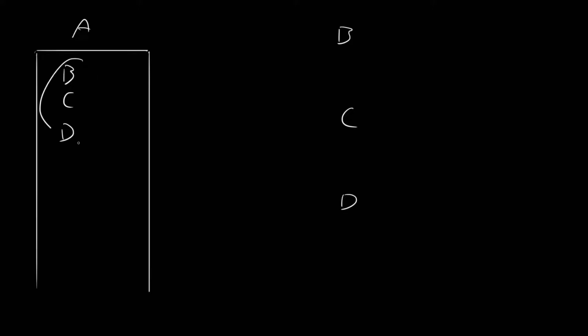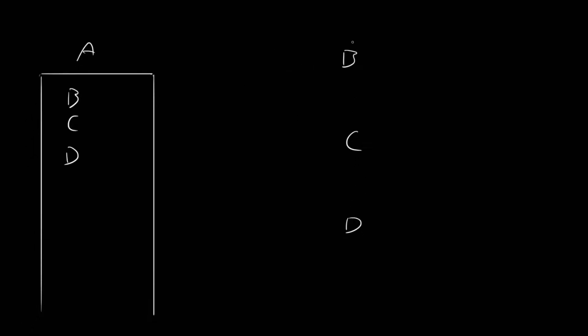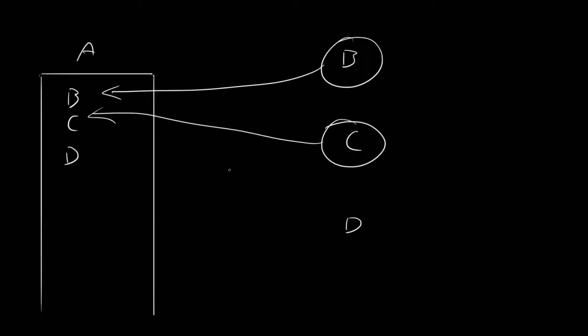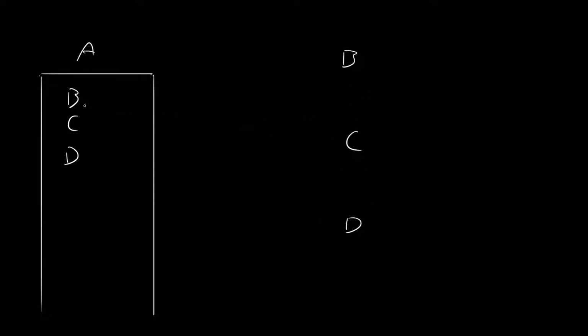And you need to get these references somehow, right? So somewhere, you need to take this reference, put it there, take that reference, put it there. And if you want to destroy one of these objects, or add more objects or remove them or change them, you always need to change A as well.